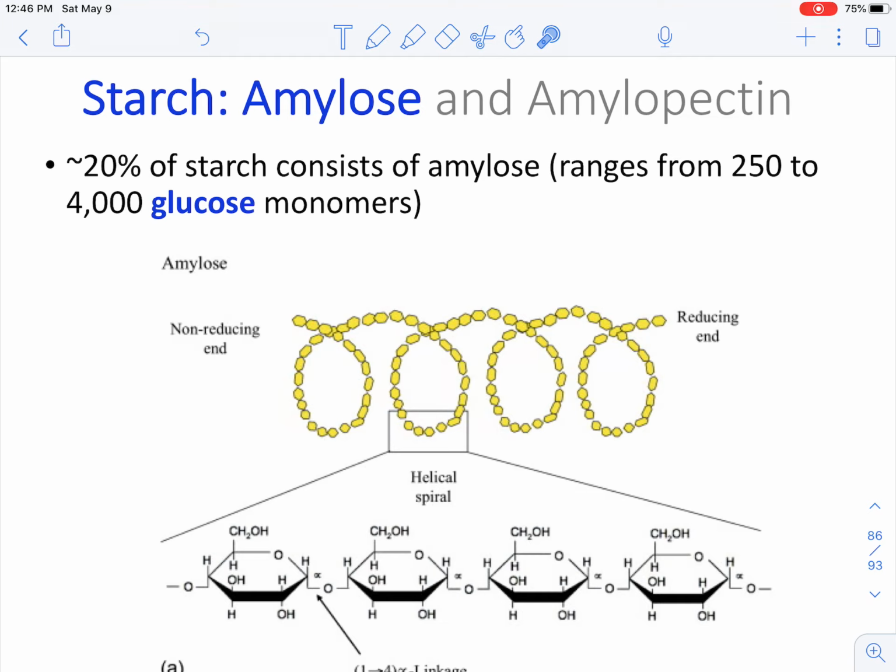And so you guys can imagine that if a glucose monomer was like a mini marshmallow, and you have a bag of mini marshmallows, and you line them all up side by side, you get this long chain. And that long chain is going to be amylose.